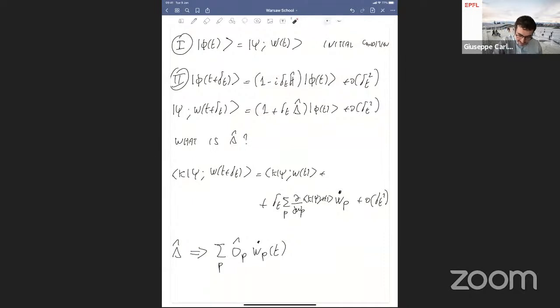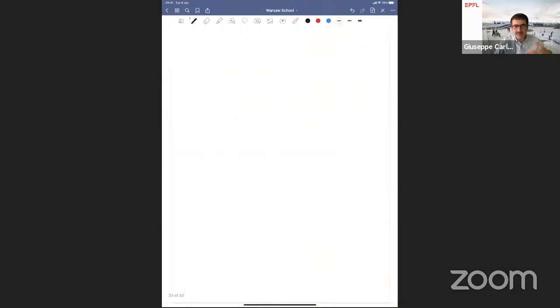So in one case you have the Hamiltonian. In the other case you have these diagonal operators times the time derivatives of the variational parameters, that instead is going to change your parameters. So in general, these two operators, of course, delta and H, are different. However, what we do in the context of the variational principle is that we try to match them as much as possible.